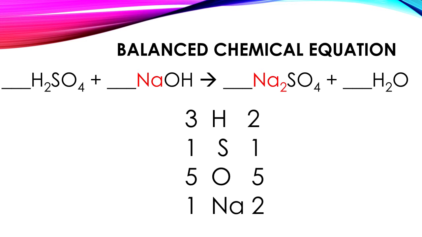So I should have the same number of hydrogen atoms, same number of sulfur atoms, same number of oxygen atoms, and the same number of sodium atoms. And as you can see, I don't have that. And if you remember that I mentioned before, oxygen and hydrogen are found in lots of different substances. So here's a little tip: when you're balancing these chemical equations, you balance your oxygen and your hydrogen last.